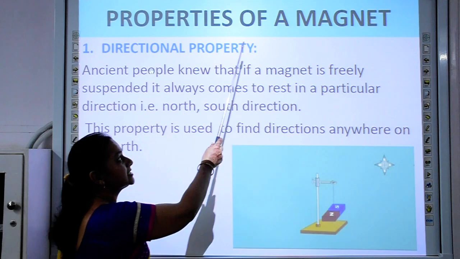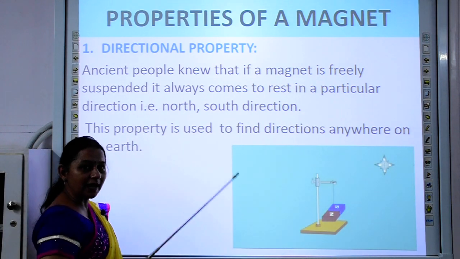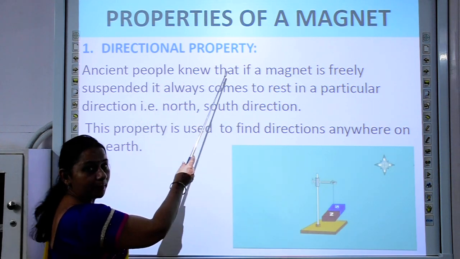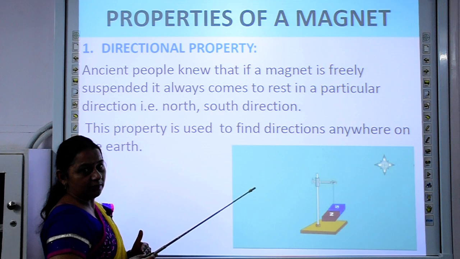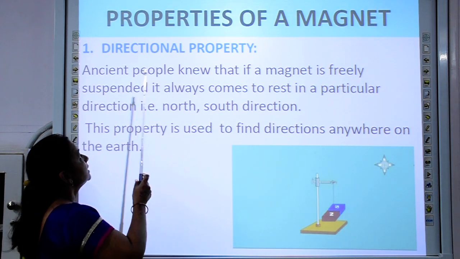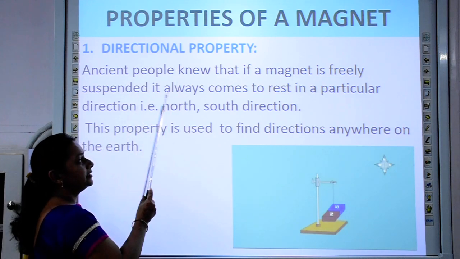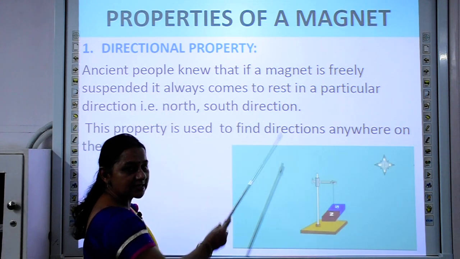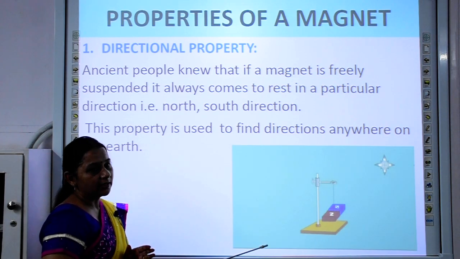Coming to properties of a magnet. The first property of the magnet is the directional property. According to this property, the ancient people, when the magnet was discovered, knew that if a magnet is freely suspended, it always comes to rest in a particular direction, and that is the north-south direction.